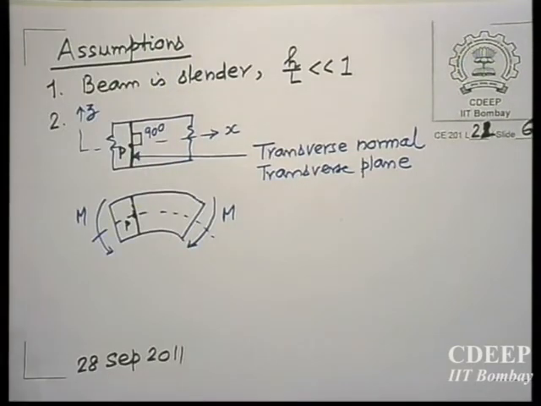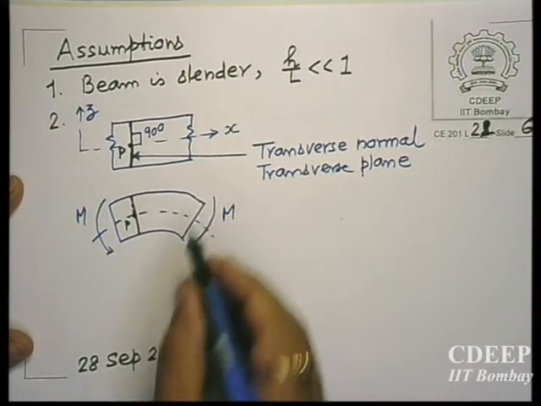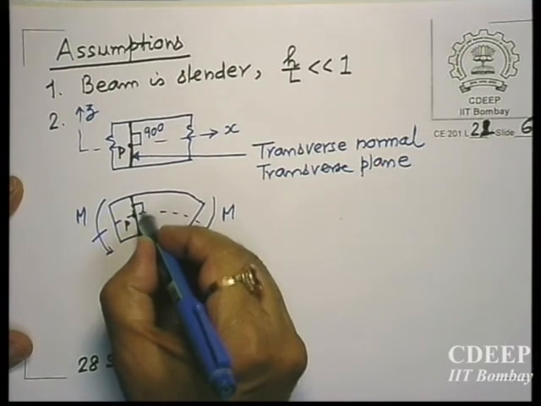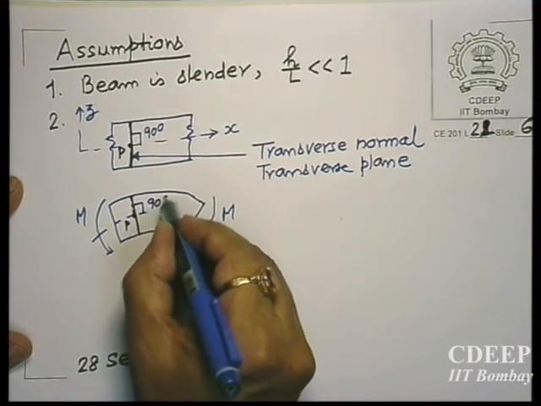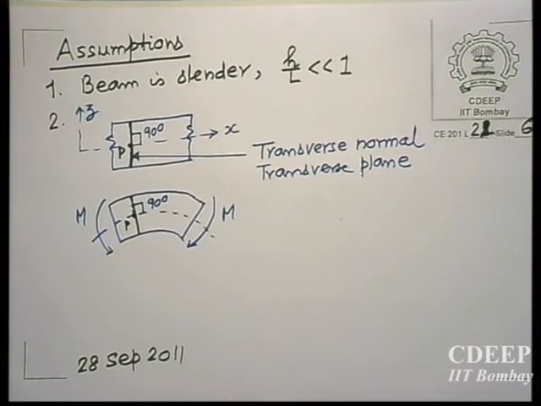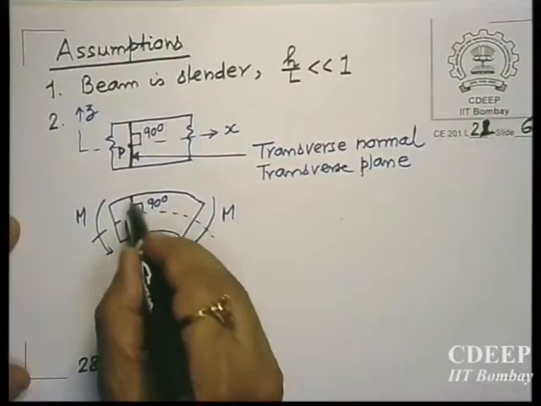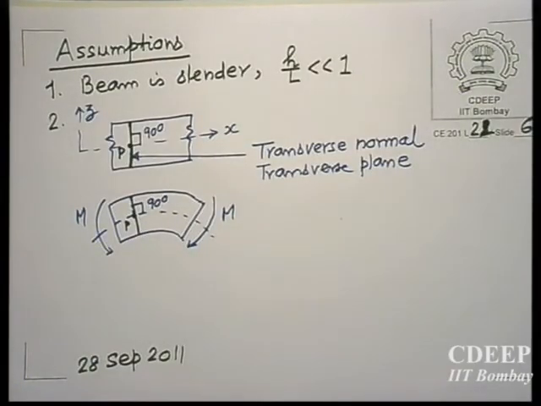So originally this trace is normal. Now what they said, that even after bending, if it is a slender beam, this angle will remain 90 degrees. What is the meaning of this? Meaning is that there is no change in the right angle between x and z.